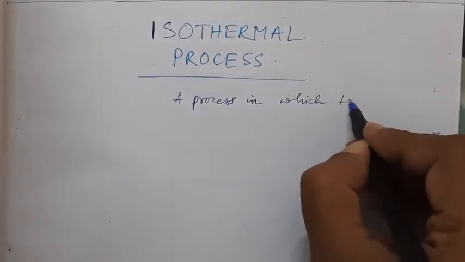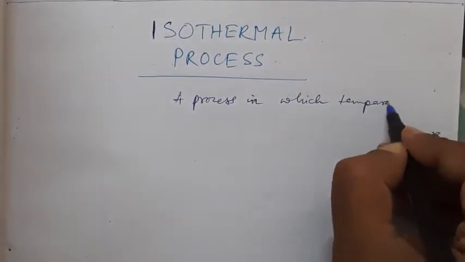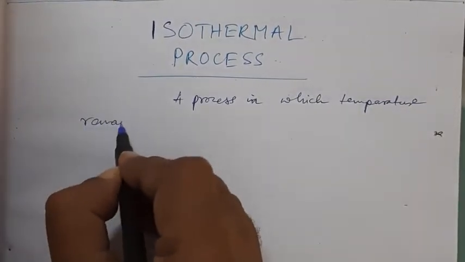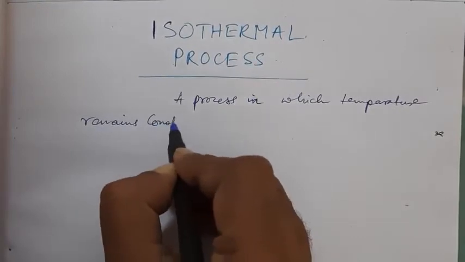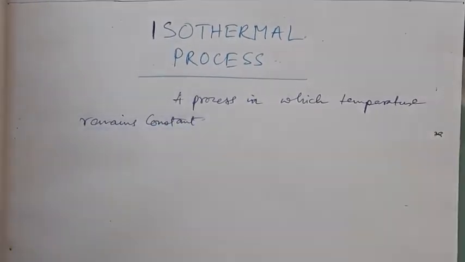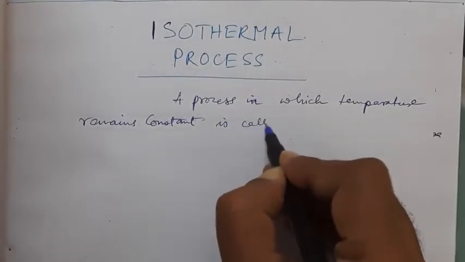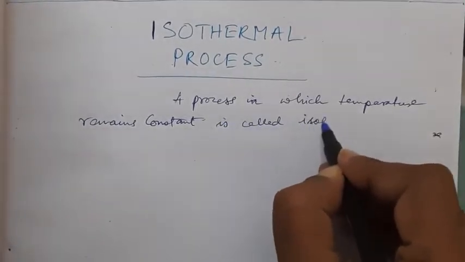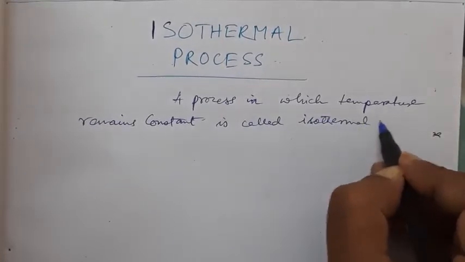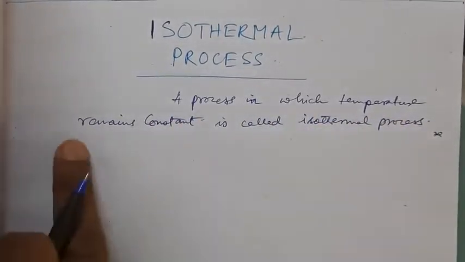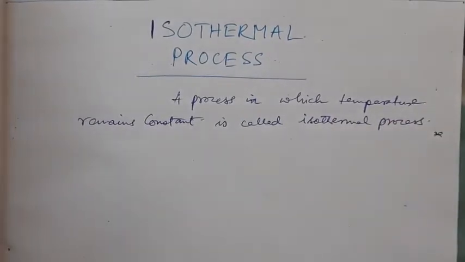So it's called an isothermal process. A process in which the temperature remains constant is called an isothermal process.